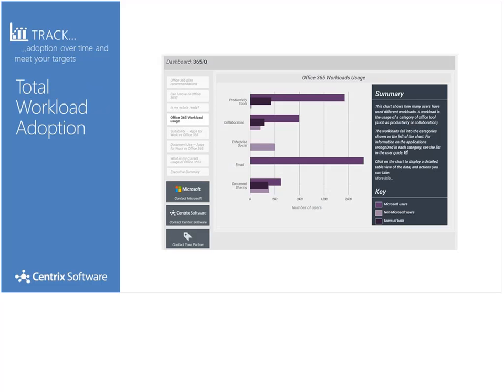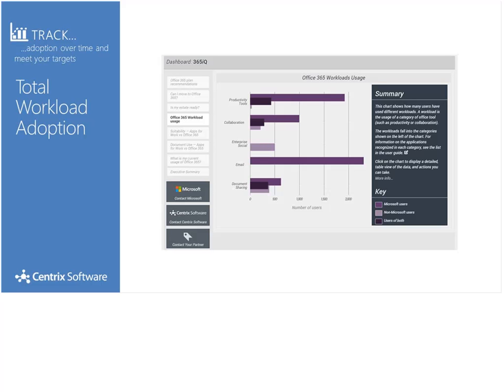So Office 365 can be split out into productivity tools, which are your standard Word, Excel, etc. Collaboration, which is Lync, Enterprise Social, which is Yammer, Email, which is Exchange, and Document Sharing, which is OneDrive and SharePoint. And we can also look at the equivalent tools for each of those categories from third parties.